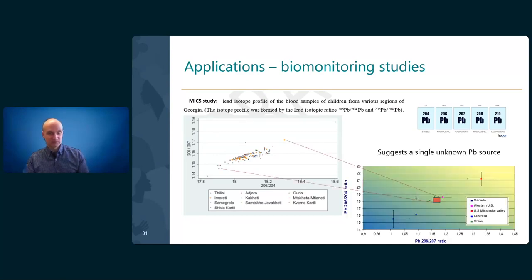For example, the study has shown that all the ratios determined in those blood samples seem to indicate a single and unknown source of exposure for lead. So we don't know if it's the food, the environment, water, soil, and so on.